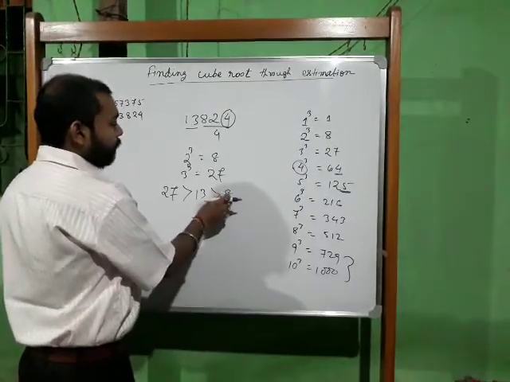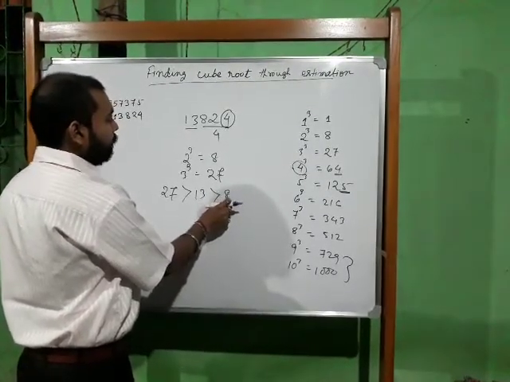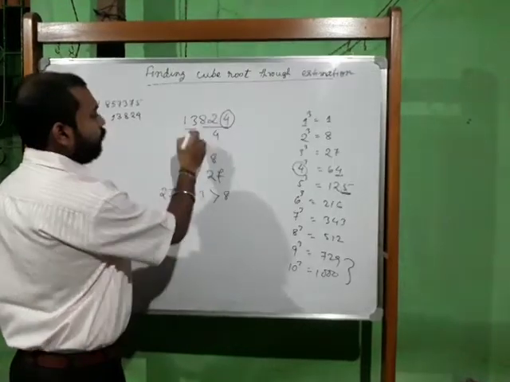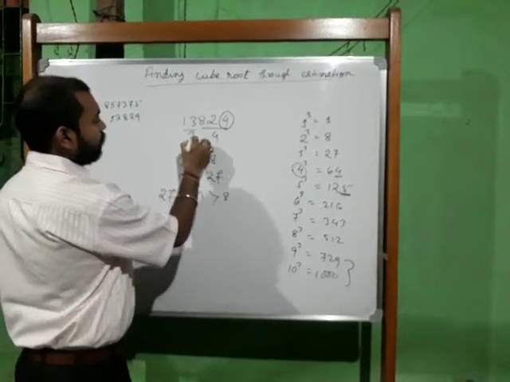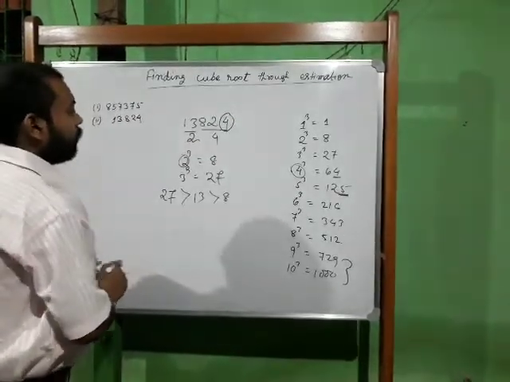So we take the smaller number only. 8 means 2 cube, so we write this 2 here. So the answer is 24.